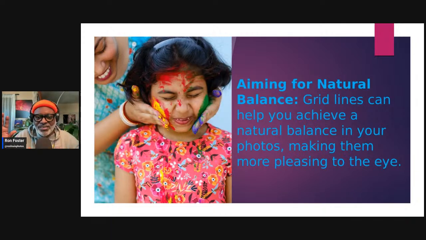Having balance. There are some photos where you want symmetry, and those grid lines will help you achieve it. You'll be able to see how much tree is to the left and how much tree is to the right of that line, so you can balance them so that the lines are perfect or near perfect.